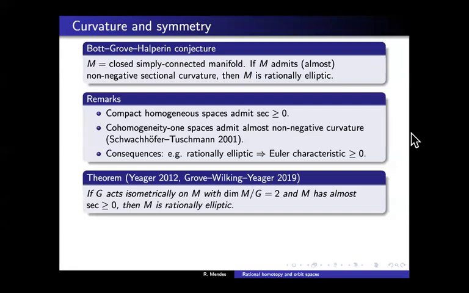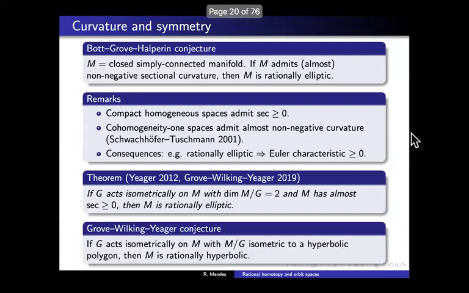So the starting point for this project was a conjecture that was made in the same paper, which follows naturally from the way the theorem was proved. And it says that if you have a group acting isometrically on a manifold and assume that the quotient is isometric to a hyperbolic polygon, okay, so a two-dimensional hyperbolic polygon, then M is supposed to be rationally hyperbolic, okay?